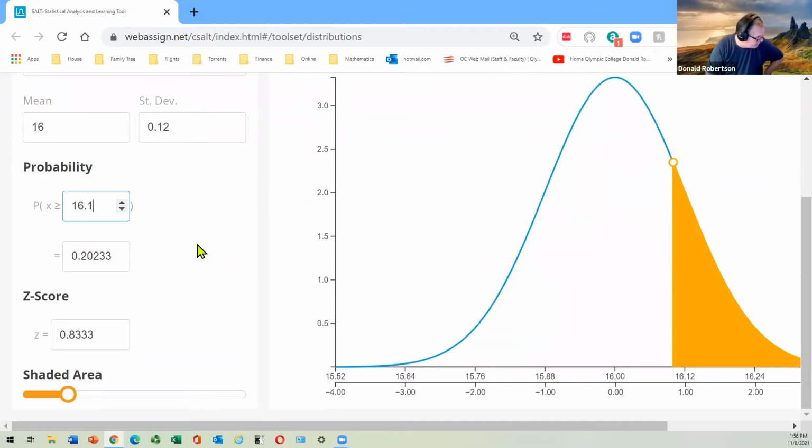And the answer that we get is about 20% of the time. Okay, does that seem okay? I mean, it's a little bit heavy, but would you be pretty comfortable that there's probably nothing wrong with the machine? And about 20% of the time, that's what you're going to get, right?